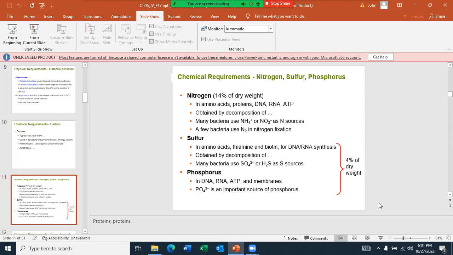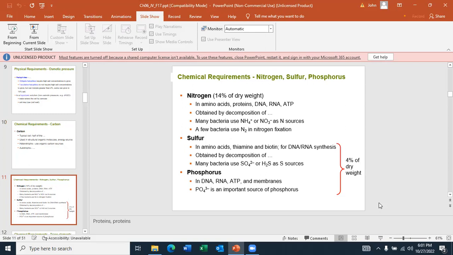Nitrogen is another chemical requirement. You probably don't need to know this, but 14% of the dry weight is actually nitrogen. Nitrogen is found in amino acids, in proteins, DNA, RNA, and ATP. Nitrogen can be obtained from the degradation or decomposition of proteins.